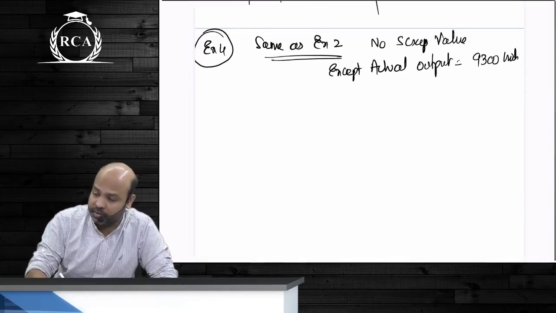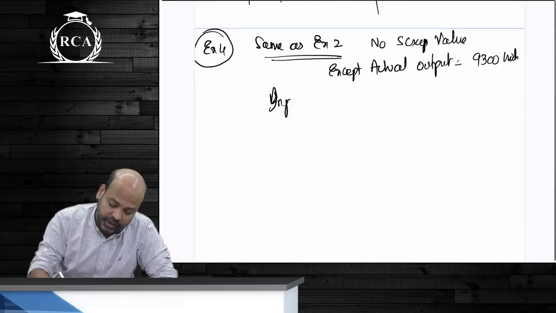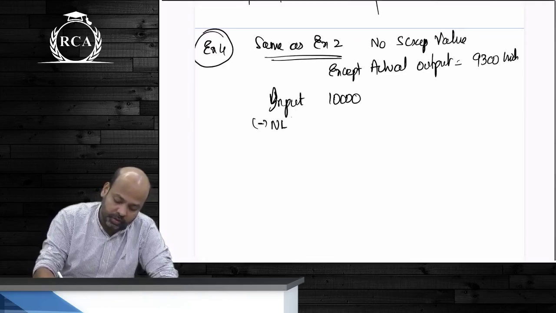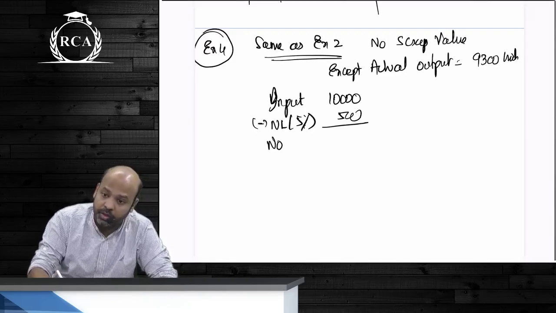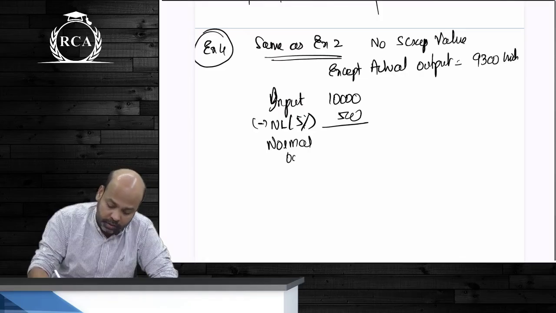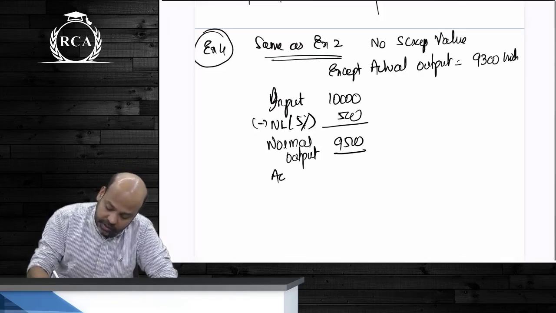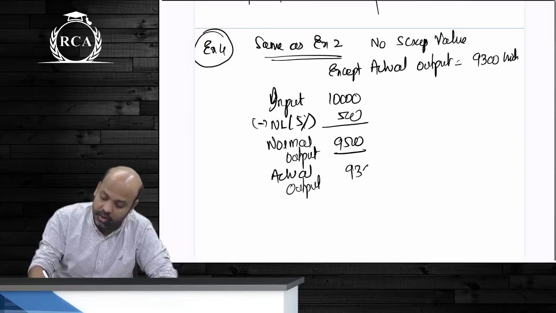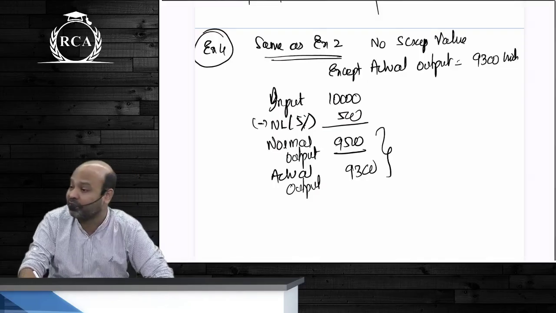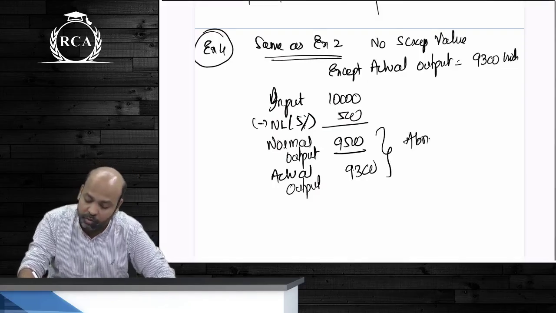So when I start with this, guys, I know that my input is 10,000 units. From this input of 10,000 units, you're going to deduct a normal loss of 5%, that is 500 units. You will get a normal output of how much? 9,500 units. I just said that the actual output is how many units? 9,300 units. I said there's no scrap value of normal loss, guys. So you will have an abnormal loss of how many units?